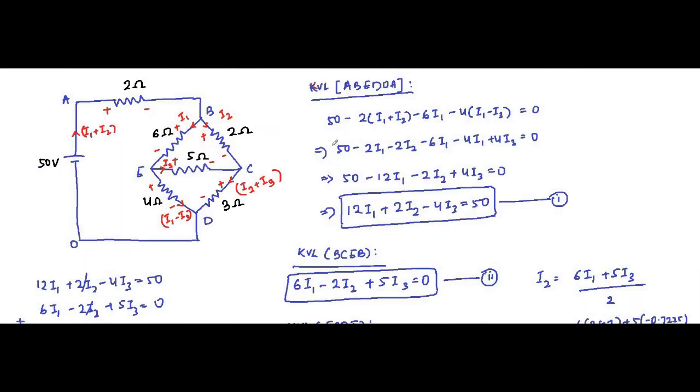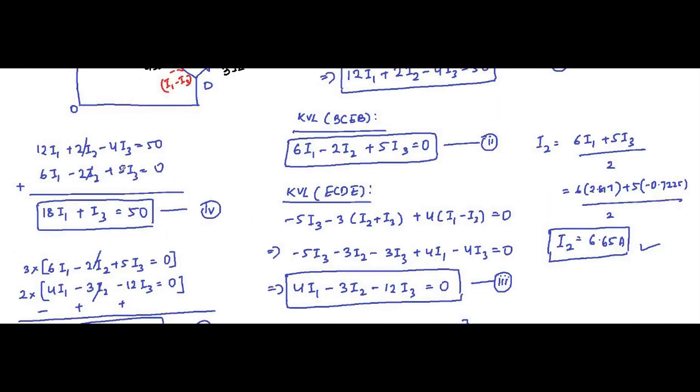So here is another question that we have solved on KVL and KCL applications. In these kinds of questions, the important thing is not to lose patience, because there are a lot of equations involved. From one loop equation you will get another equation, 2 or 3 equations, by eliminating a particular variable.